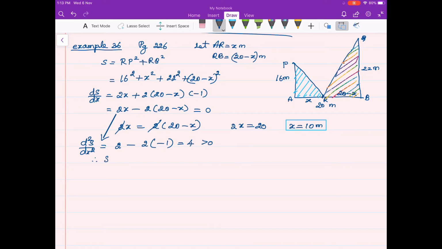Therefore, s is minimized when x is 10 meters. Now, what do we have to find? Find the distance of the point R on AB from A, that is AR distance. We took it as x, therefore, the answer is 10 meters.